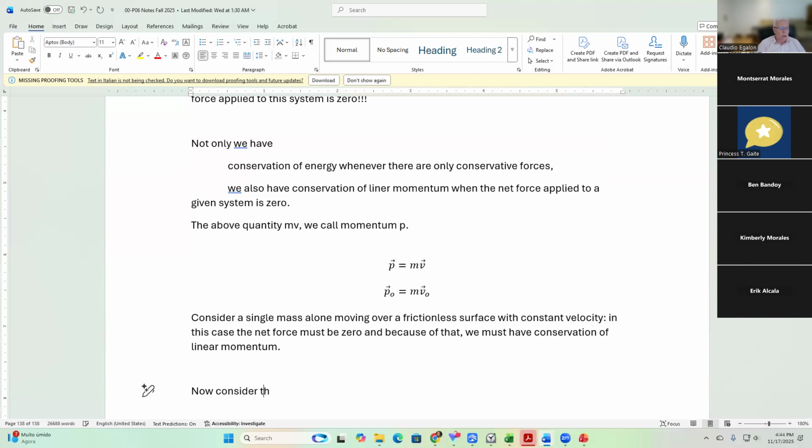Now consider the case of two masses colliding with each other. They are both on a horizontal frictionless surface.